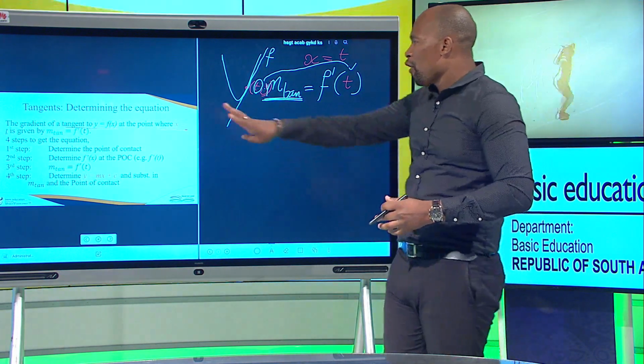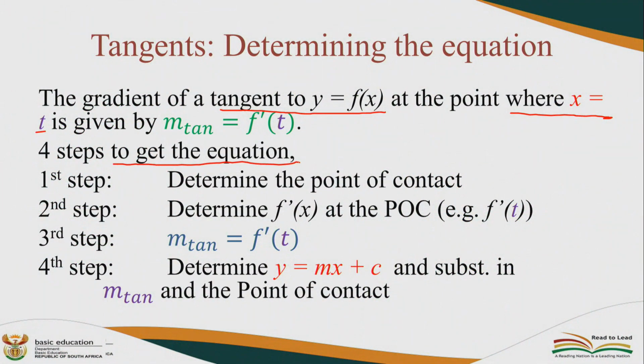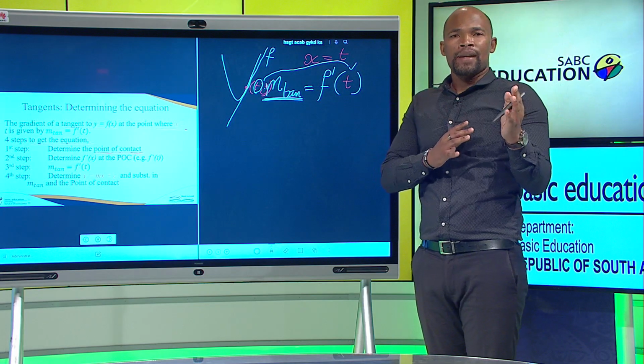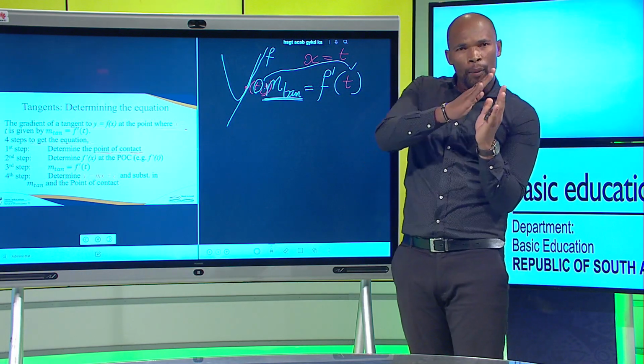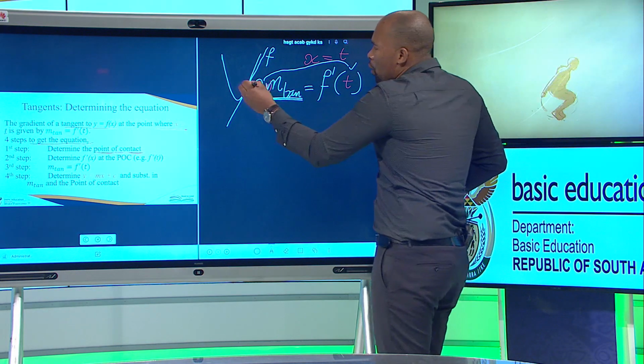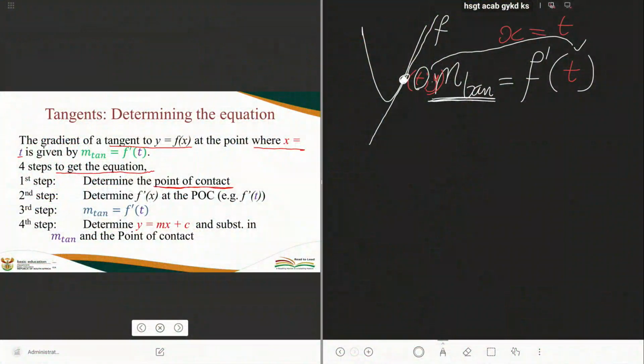All right. First step that we need to know to get the equation. Step 1, determine the point of contact. What is the point of contact, learners? Where do my tangent and the parabola have that contact? Where do they intersect? Can I use that word? If I can give you a correct drawing, here is my graph of f.